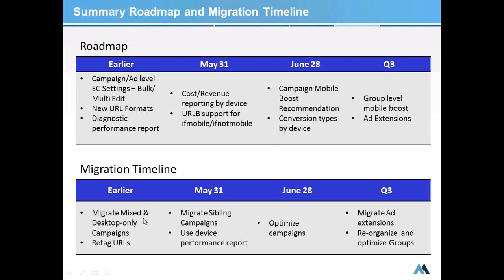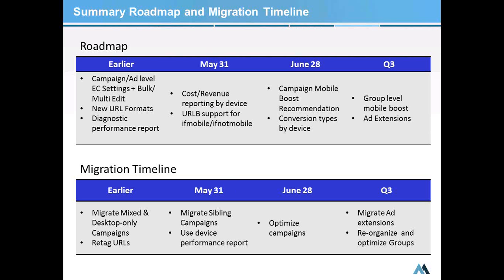And then your migration timeline: you should have been able to migrate your mixed campaigns and desktop-only campaigns since pretty much March. And now you can also retag your URL since our last release. You will be able to migrate your sibling campaigns because we will have reporting by device after our release tomorrow.